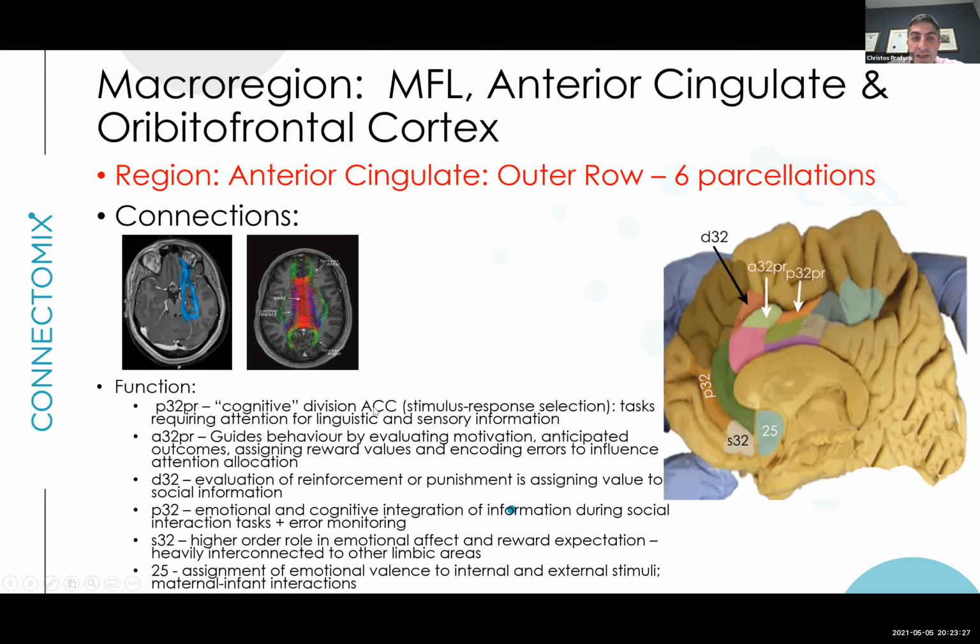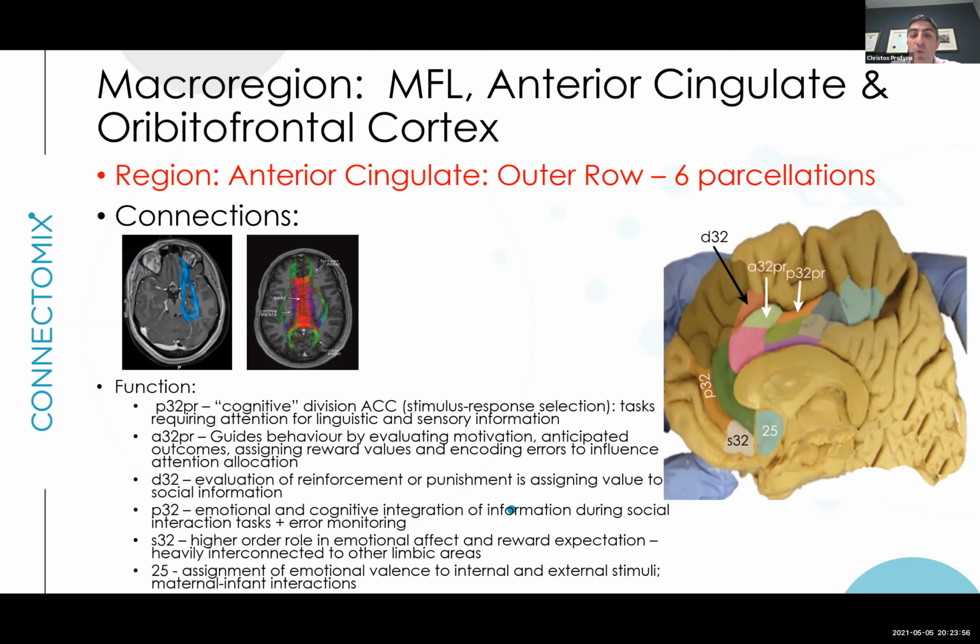Now, if we look at the function of these parcellations, again, fairly complex. So P32 prime is involved with tasks requiring attention for linguistic and sensory information. A32 prime is always evaluating what's important to us. So it's guiding our behavior by looking at our internal motivation and our anticipated outcomes of a certain situation.